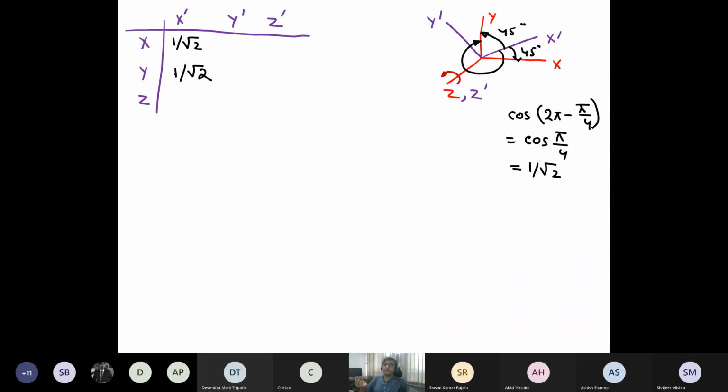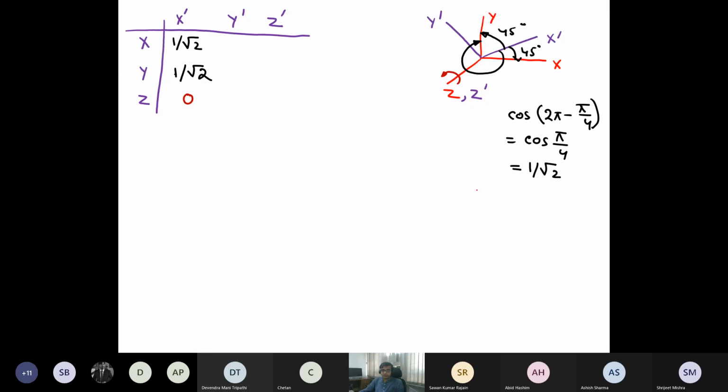In the original coordinates, and this is 3D we are talking about, z was at a 90-degree angle with x, and since you are rotating about z, the angle is still 90 degrees. And cos of 90 is equal to 0. Okay, so this is one column that I have drawn. So let us try to draw a second column.